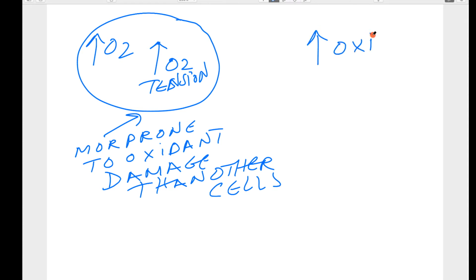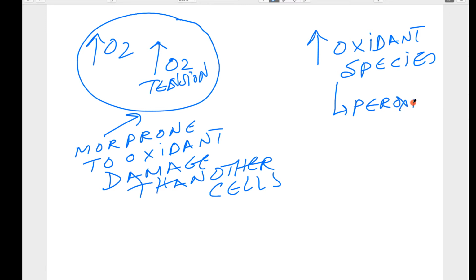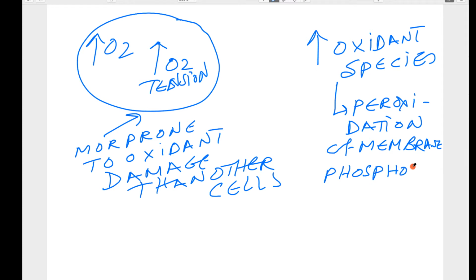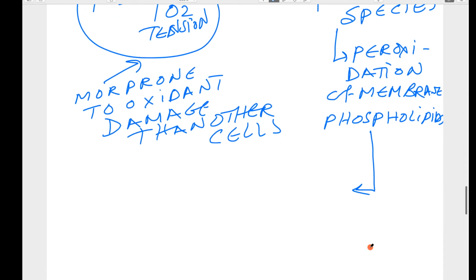So there is increased oxidant species production. Then what happens? Peroxidation of membrane phospholipids takes place. Phospholipids are an integral part of the membrane, so they maintain the structural integrity. Once the phospholipid damage takes place, it leads to membrane damage.